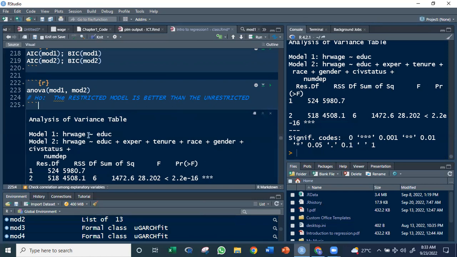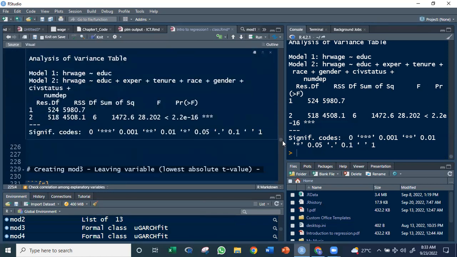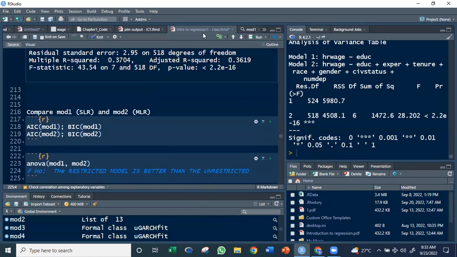So the ANOVA, the analysis of variance test, tells us that the hypothesis that model 1, the restricted model, is better than the unrestricted model is rejected. That is not true. There's strong statistical reason to believe that the unrestricted model is better than the restricted model. Okay, I'll pause for now, guys. Any questions?